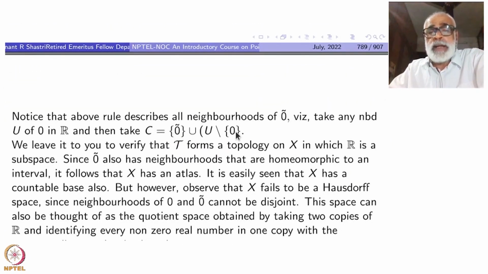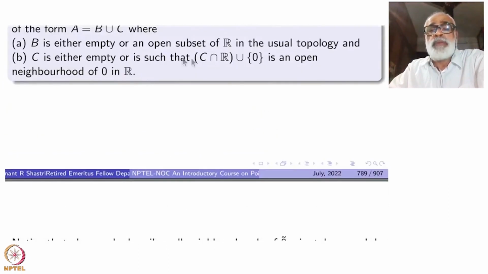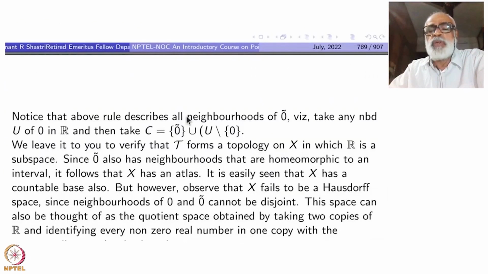So I again describe this. Notice that the above rule describes all neighborhoods of 0 twiddle. You may say the first part describes all neighborhoods of 0, but this one describes all the neighborhoods of 0 twiddle also. Namely, take any neighborhood U of 0, throw away 0 and add the singleton 0 twiddle.